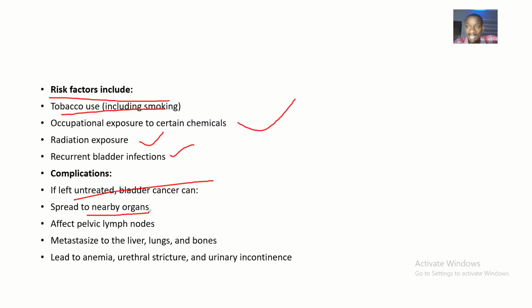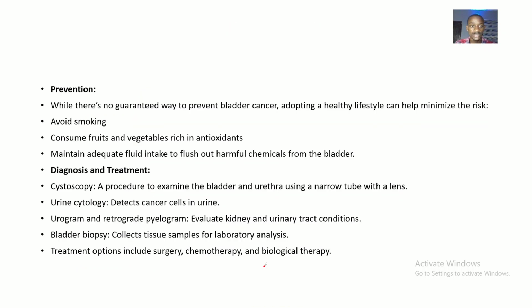Of course, cancers metastasize, so they spread. It can also affect pelvic lymph nodes. It can metastasize to the liver, lungs, and bones. It can lead to anemia, urethral stricture, and urinary incontinence.